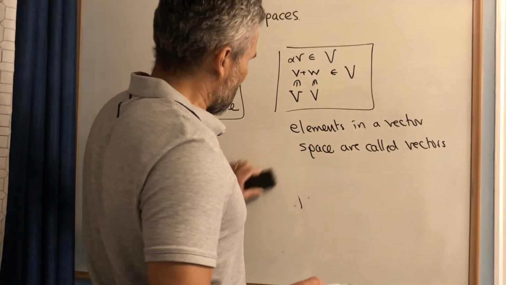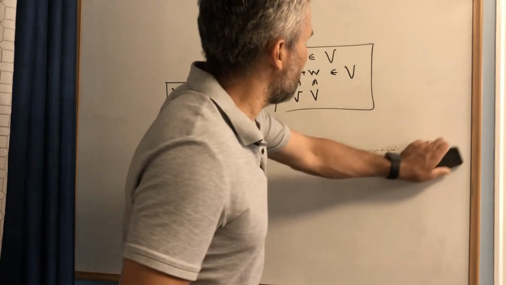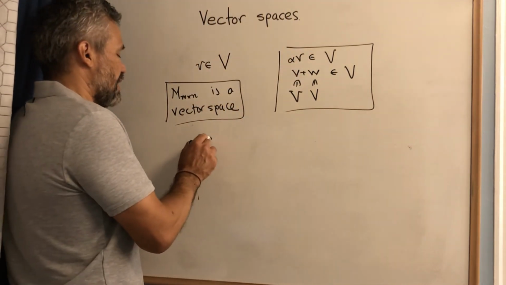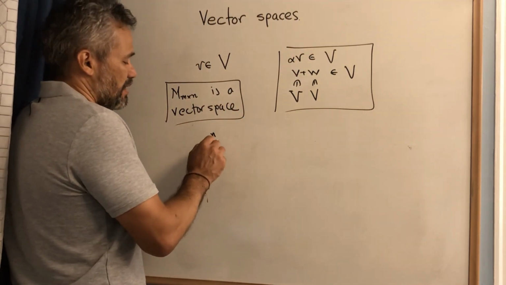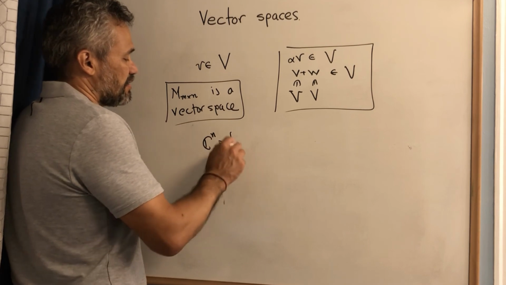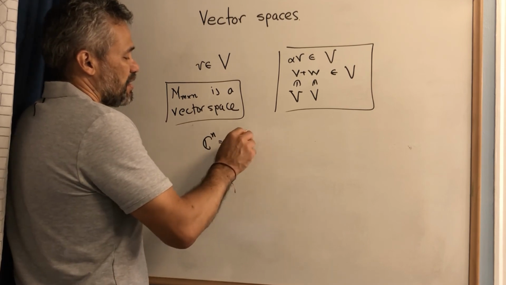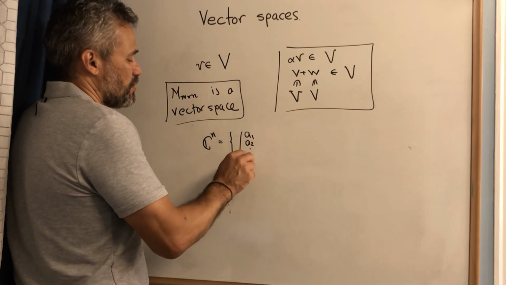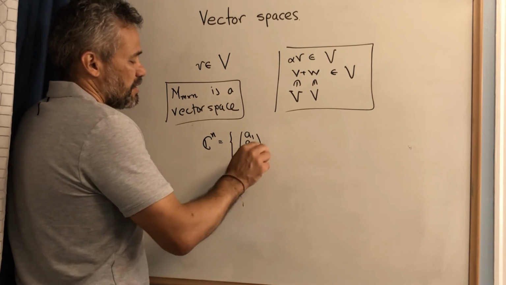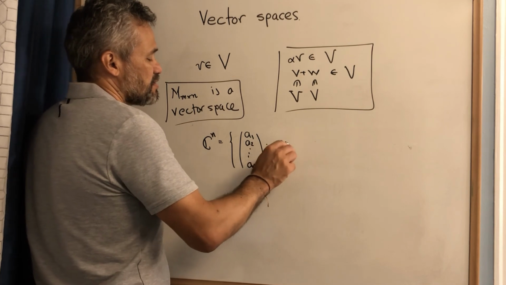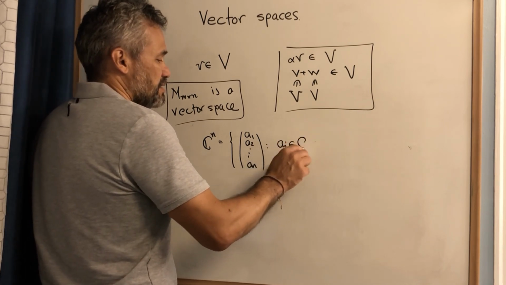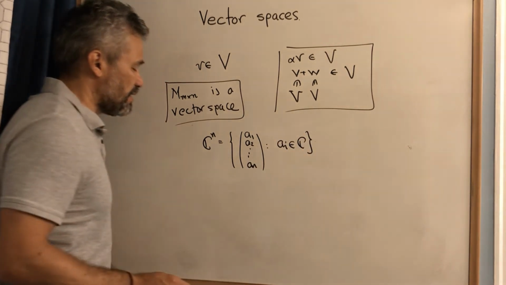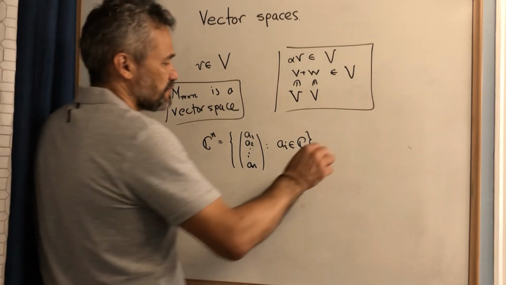The most classical example is C^n, and this can be viewed as the set of column vectors, like (A1, A2, ..., An), such that each A sub i is a complex number. Then this is a vector space.